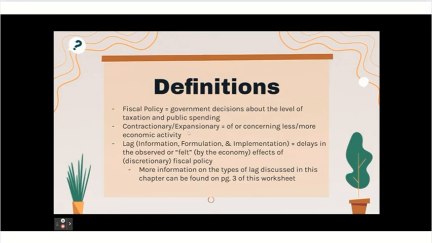But lag is just how much extra time, I would say, it takes for the change that the government is enacting to actually affect the economy in a way that's seen, felt. Here it says observed by the members of that economy.